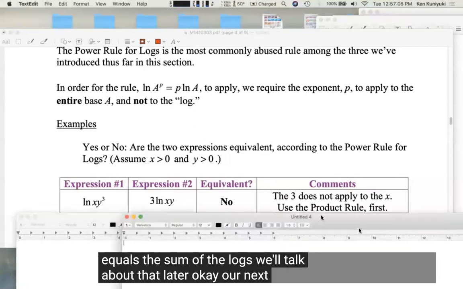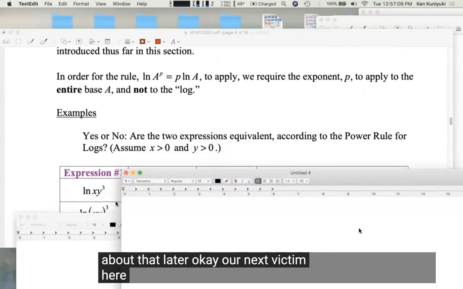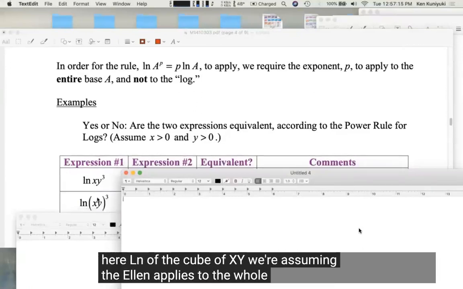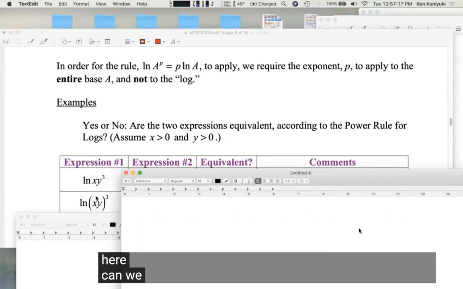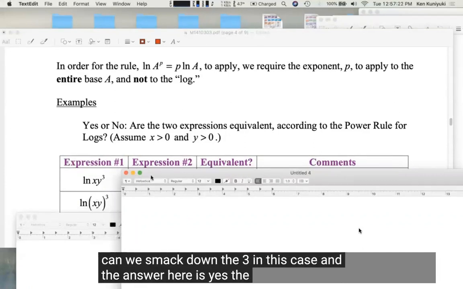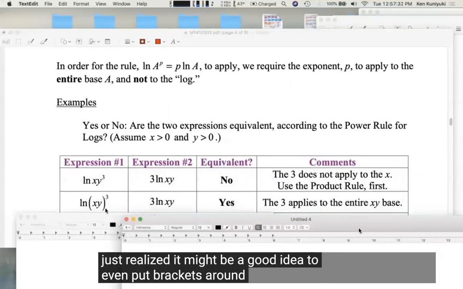Okay, our next victim here, ln of the cube of xy. We're assuming the ln applies to the whole power here. Can we smack down the 3 in this case? And the answer here is yes. The 3 can come down: 3 times ln of xy. By the way, I just realized it might be a good idea to put brackets around this.